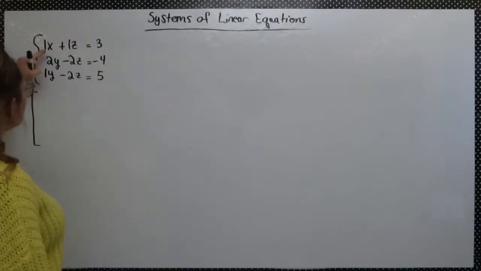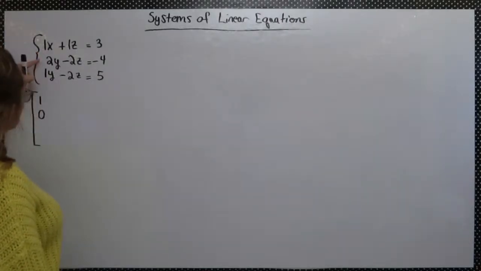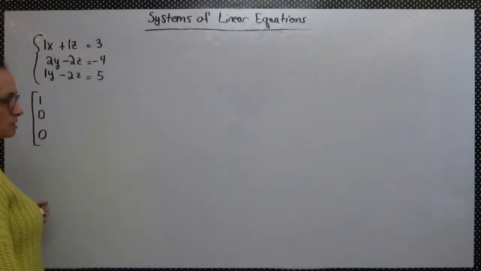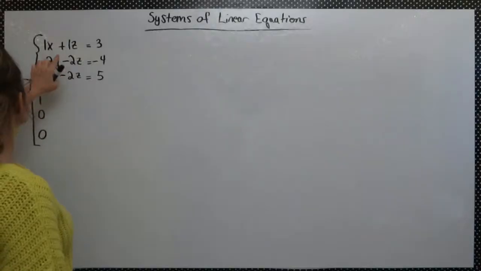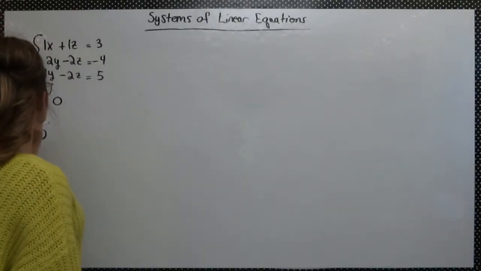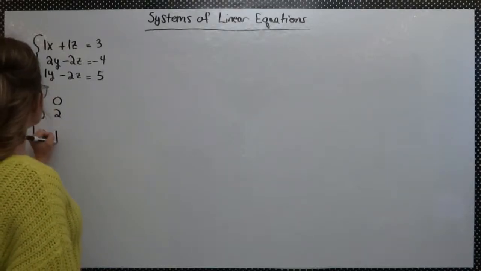So the first column, we're going to want to have x, and so you're listing all your coefficients of x. And since we don't have any x's in the second 2, then we're just going to use 0 as a placeholder. And then the second column, we're going to list all the y's. Well, the first equation does not have a y, so we're going to have a placeholder there, and then we'll have a 2 and then a 1.